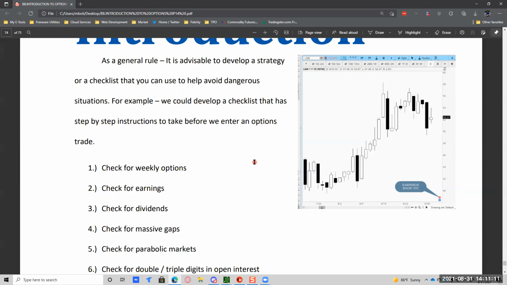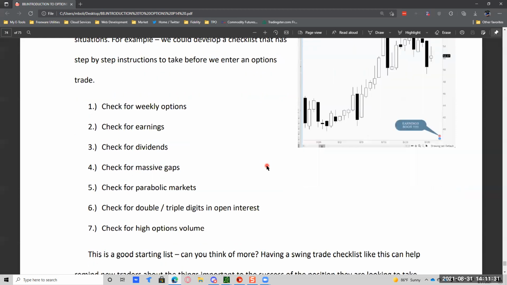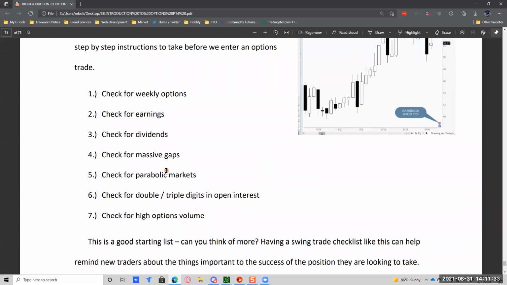There were so many other things that I was focused on, like what the Greeks are doing and how far this thing can move and how much volatility. I would forget all about dividends or earnings. And then I would get into the trade, and 3 days later, I'd realize, oh, shoot, they've got earnings next week. Dang it. Now I've got to get out of this. So that checklist can be a real lifesaver.